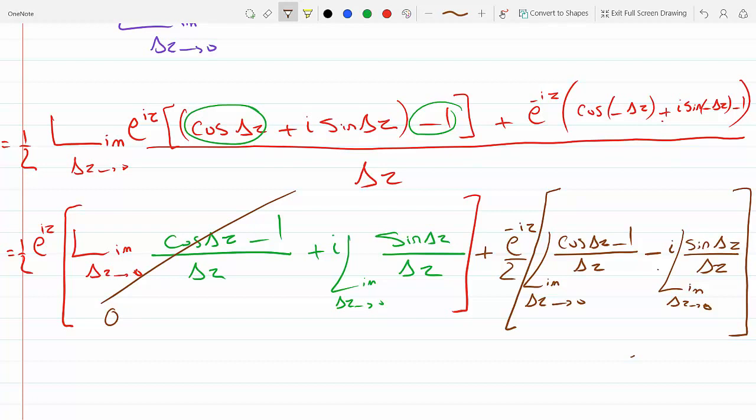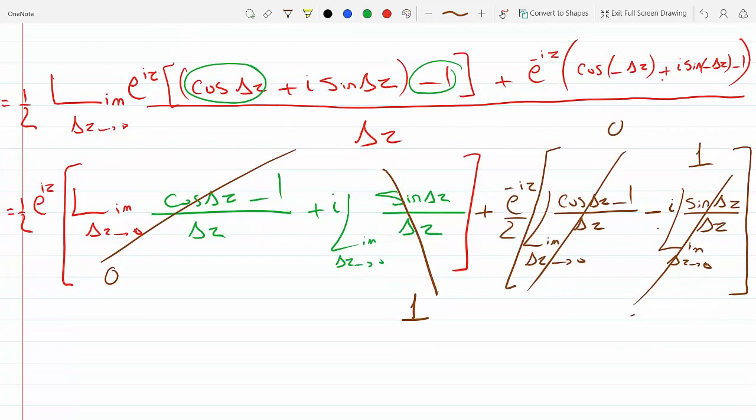So either way, you get 0 for this one, doesn't matter. And this one, if you want, apply L'Hopital's rule, because you get 0 over 0, then you get cosine delta z over 1. Cosine 0 is 1, so either way you get 1 for this one. The same exact argument applies here. 0, 1.